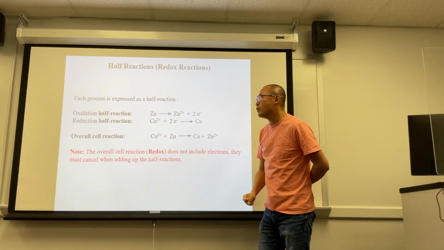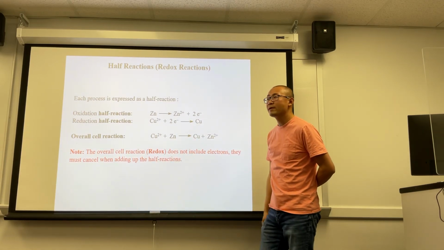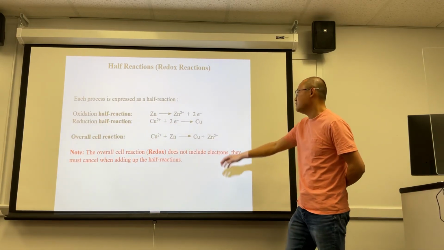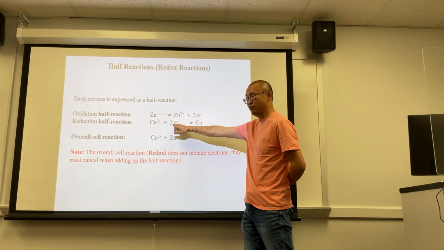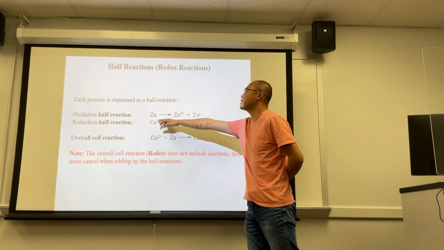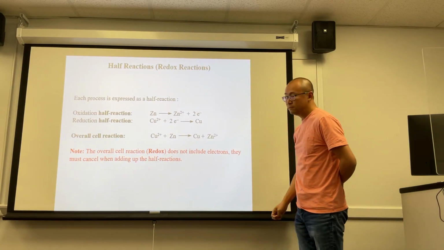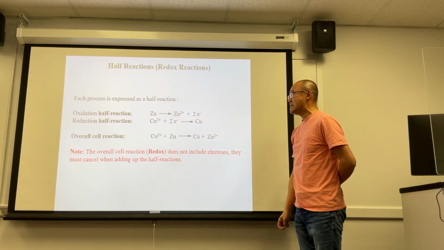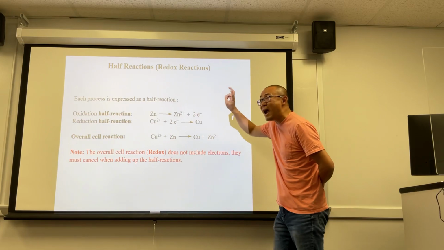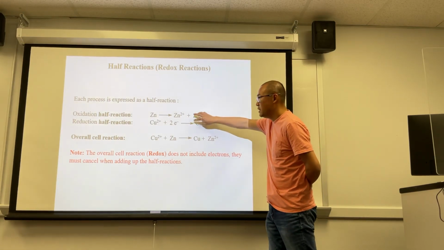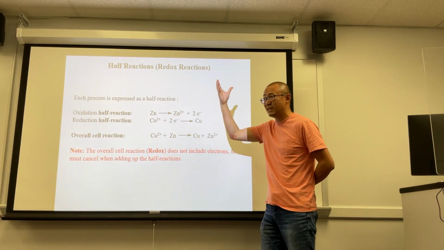Copper. And we call this reduction. Those 2 electrons are from here, gained by copper 2 plus to give copper.